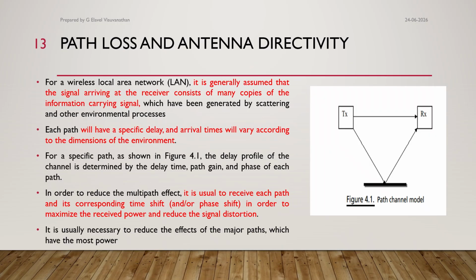Path loss and antenna interference. For a wireless local area network, that is LAN, it is generally assumed that the signal arriving at the receiver consists of many copies of the information carried, generated by scattering and other environmental processes.